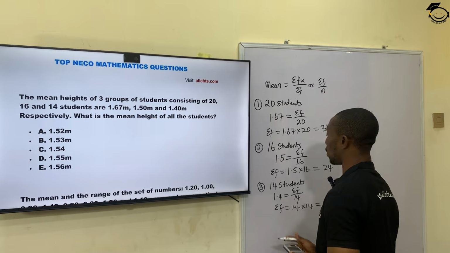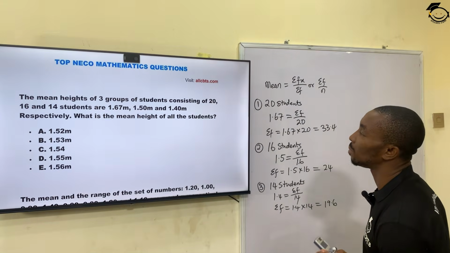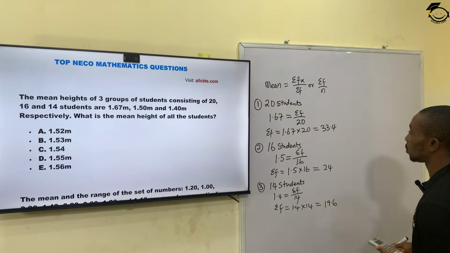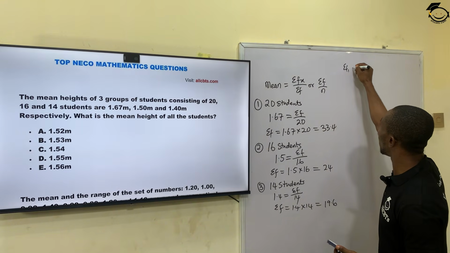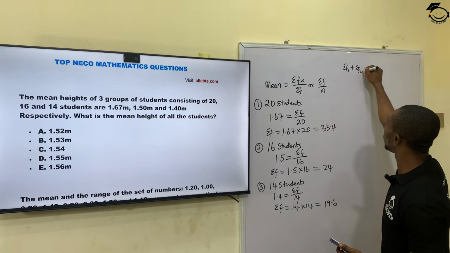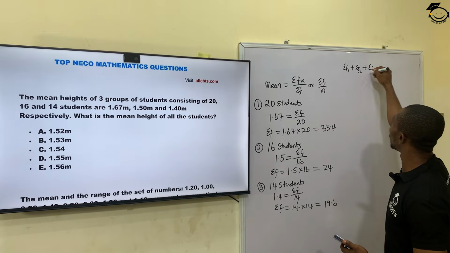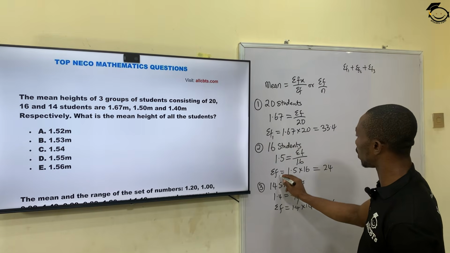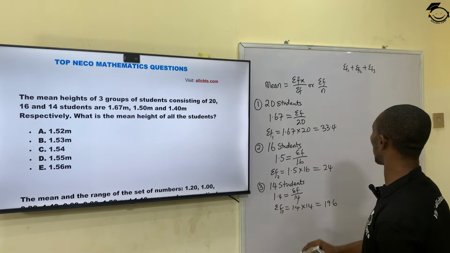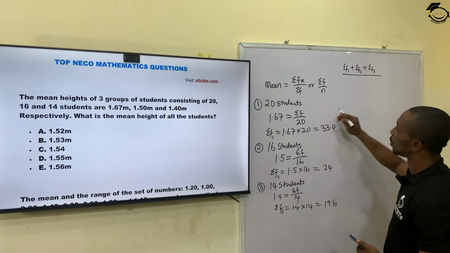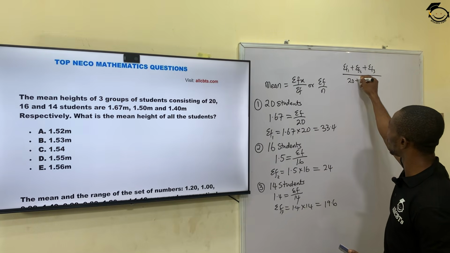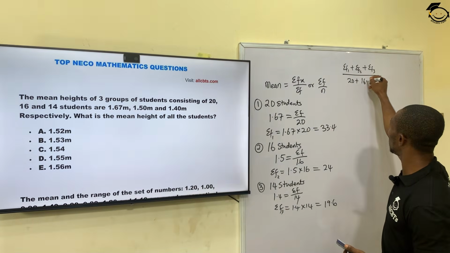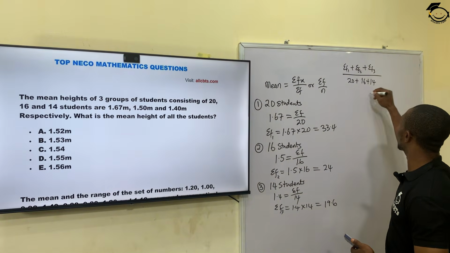19.6. Now, since we are asked to find the mean height of the total students, we are going to add all our sigma fx, sigma f of group 1 plus group 2 plus group 3, all over the total number of students, which is 20 plus 16 plus 14. All right.